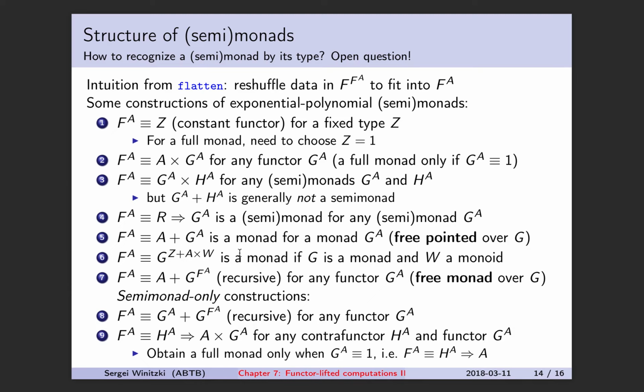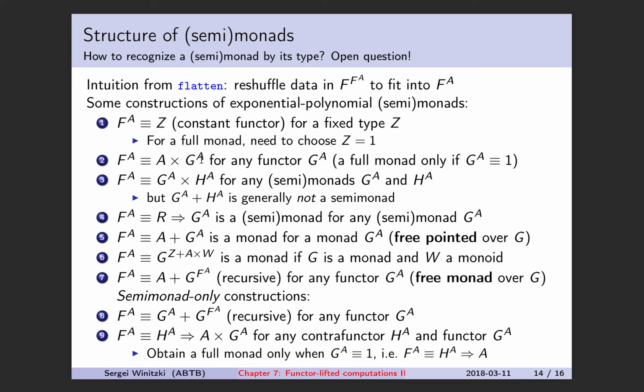This construction is unusual because it gives you a monad out of an arbitrary contrafunctor, or a semi-monad out of an arbitrary contrafunctor and a functor. Now, similarly to this construction, a full monad is only obtained when G is absent. So this is a construction that gives a full monad.